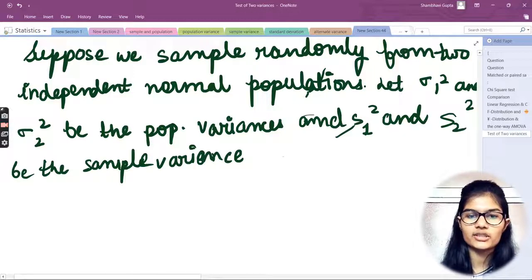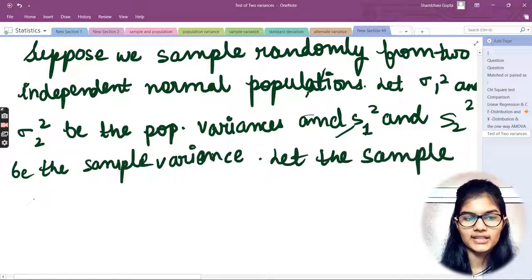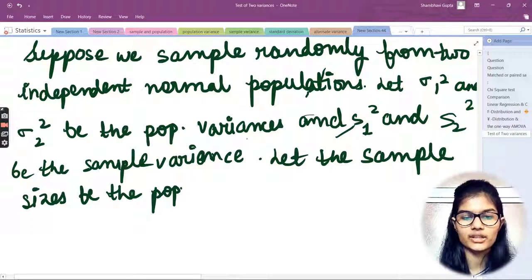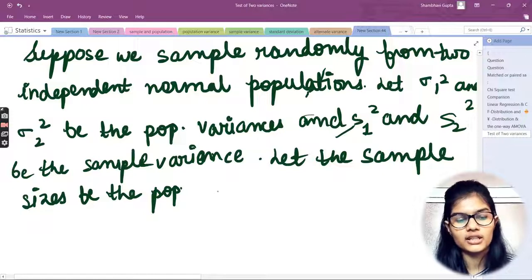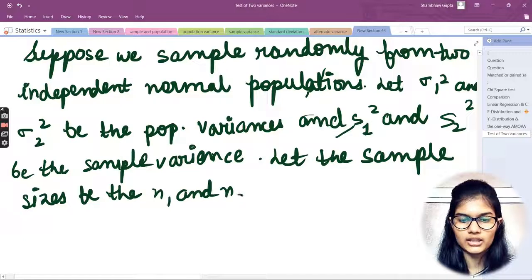So in that case, now basically what is going to happen? Let the sample sizes be n1 and n2.